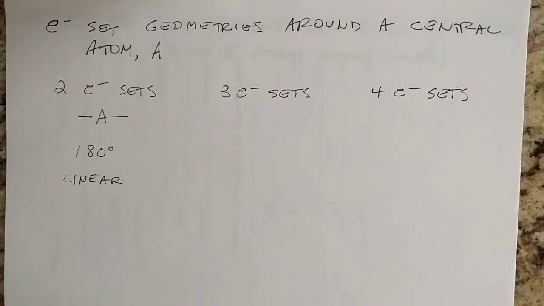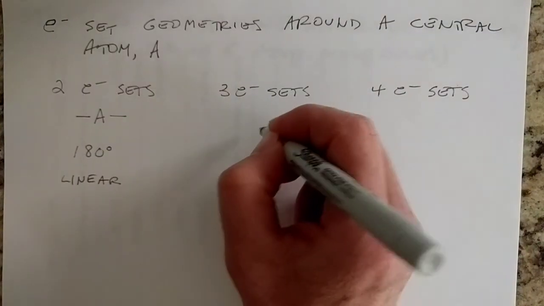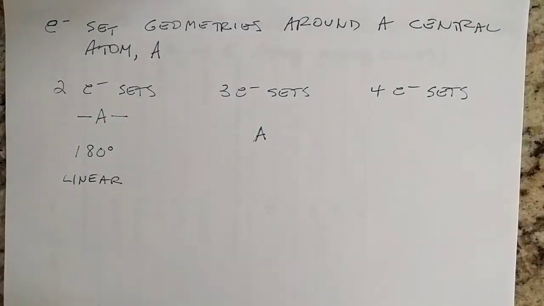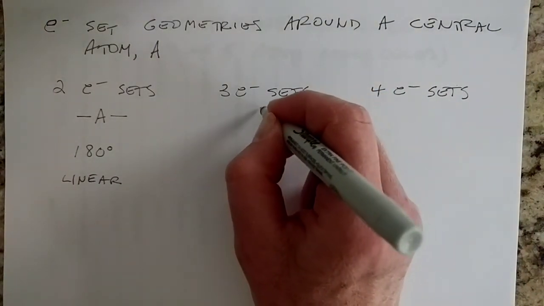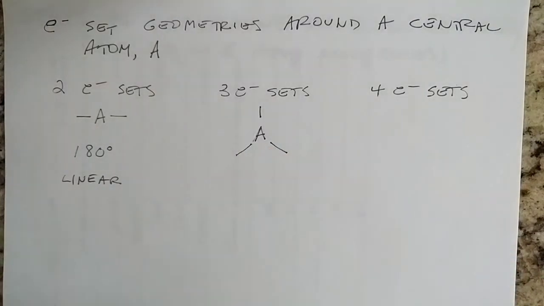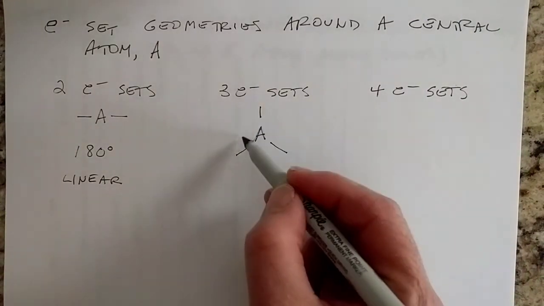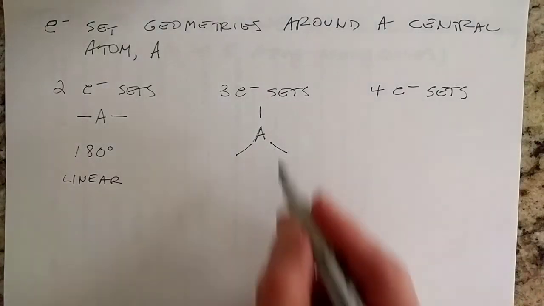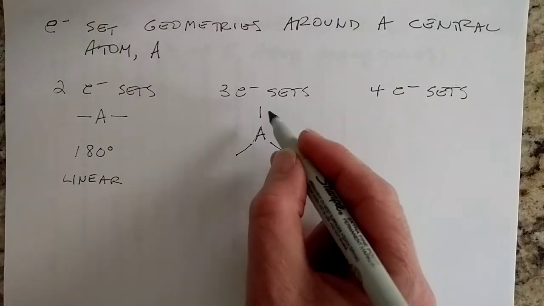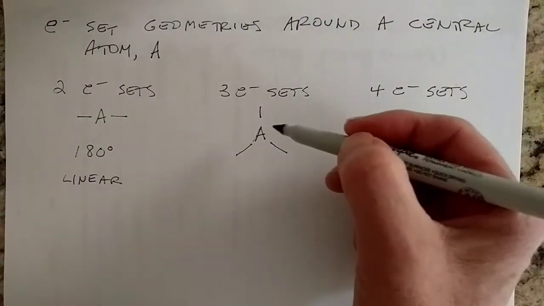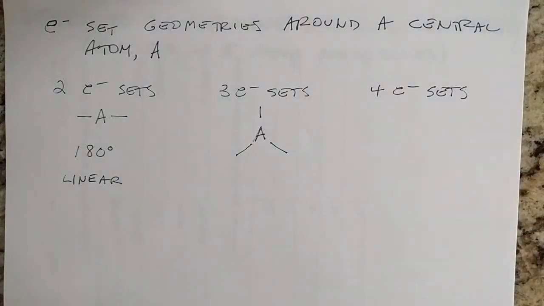All right, so if we have an atom A, and it has three electron sets around it, to get as far away as possible, we're going to have one going up, one going off to the side, and one going off to the side. And they will be evenly spread apart. The angle here, well, if we had a full circle, it would be 360 degrees, and each section is 1/3 of a circle.